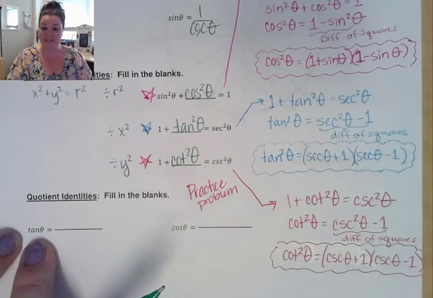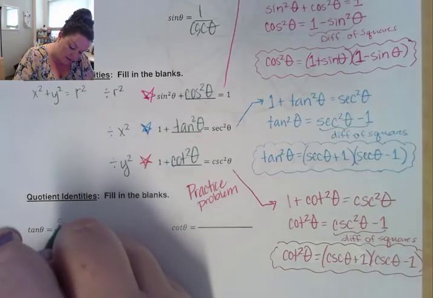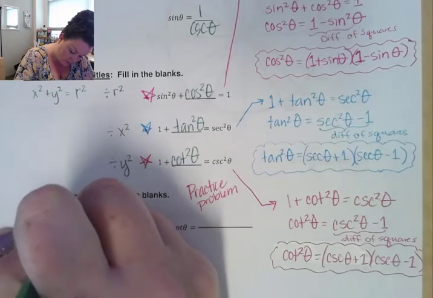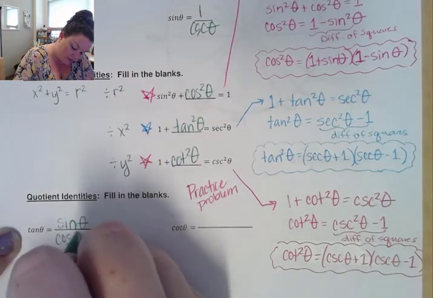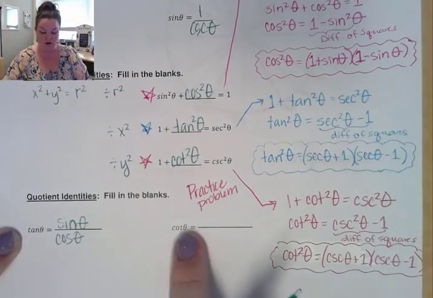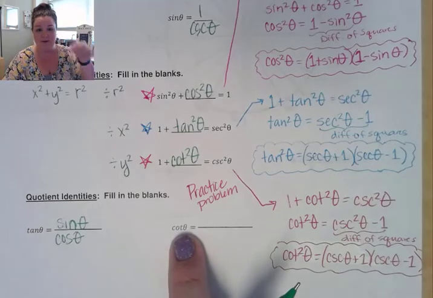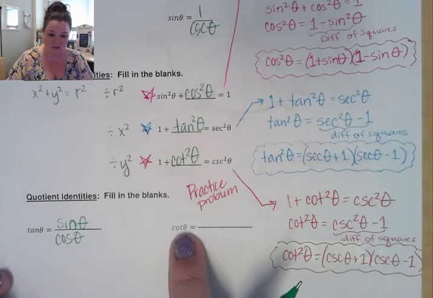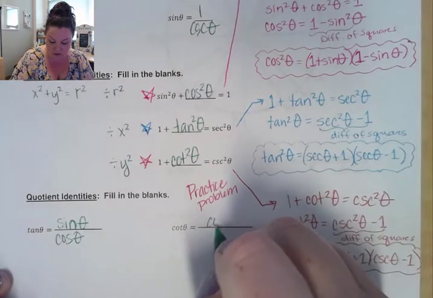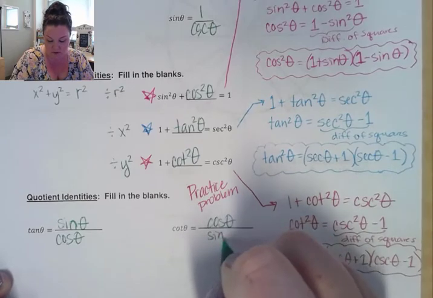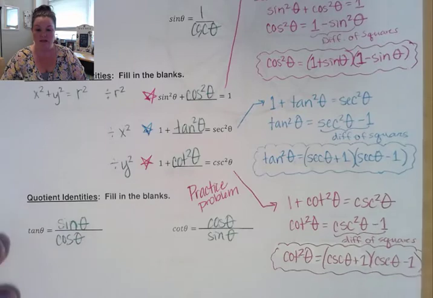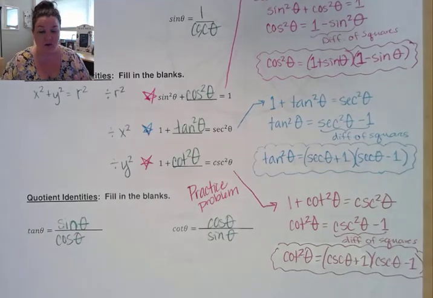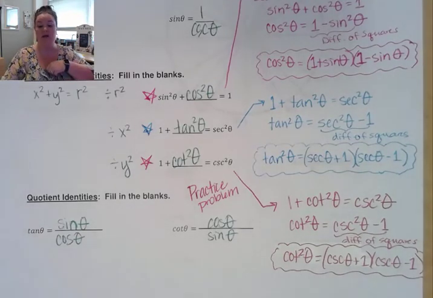Which means that tangent theta can be rewritten as sine theta over cosine theta, which then also means that cotangent can be written in terms of sine and cosine as well. Cotangent would be cosine theta on top over sine theta on bottom. Okay. All right, so this whole page is full of identities that we need to be aware of.